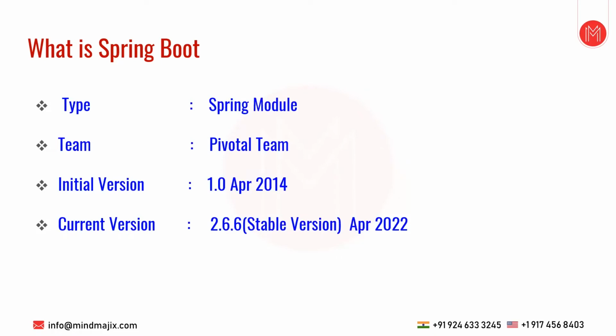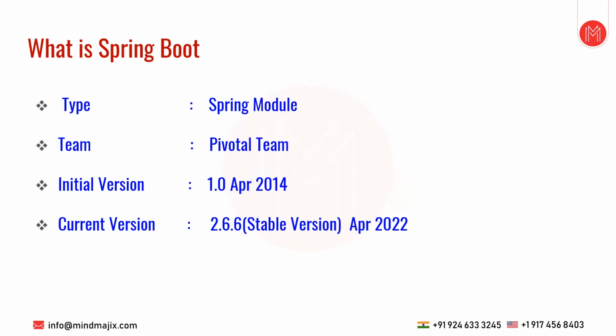As I already told you, Spring Boot is a simple Spring module. The type is Spring module. And Spring Boot was introduced by the Pivotal Team, the same team as Spring's team.